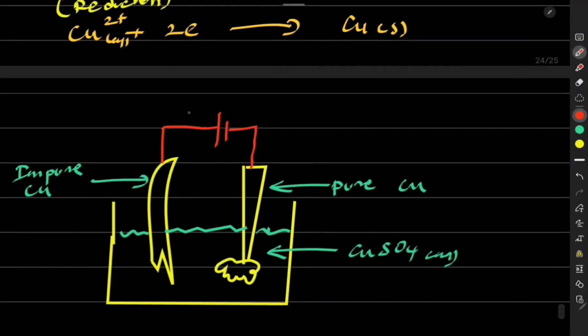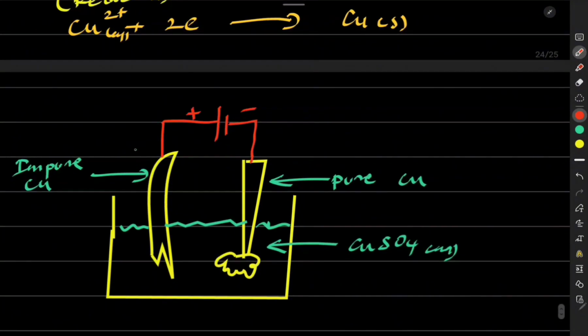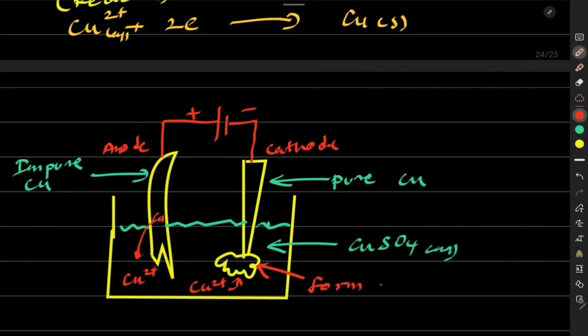This is the positive terminal and this is the negative terminal. The positive terminal is the anode and the negative terminal is the cathode. The copper in the impure electrode is released into the aqueous solution as Cu2+, and these Cu2+ ions attach and form newly formed copper. This is the copper deposition.